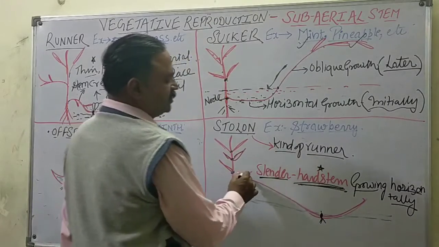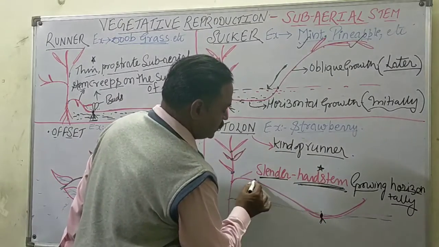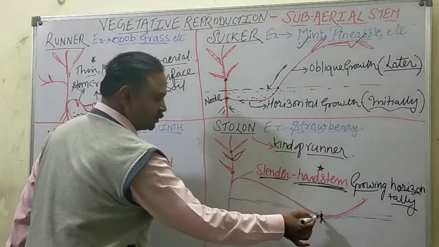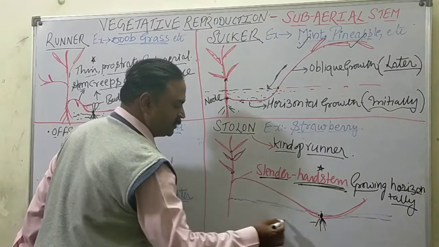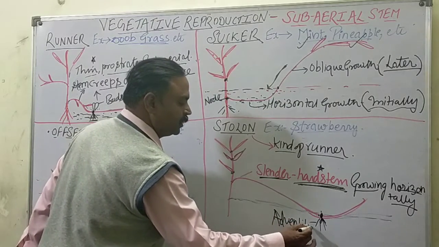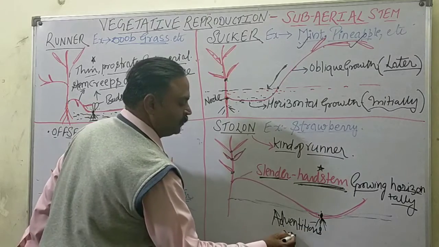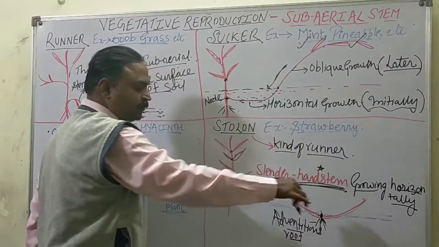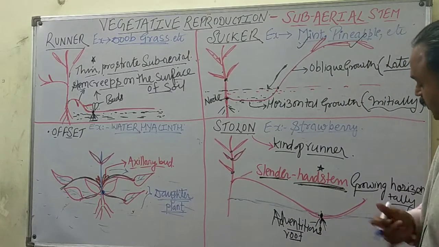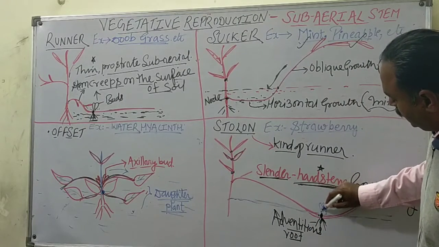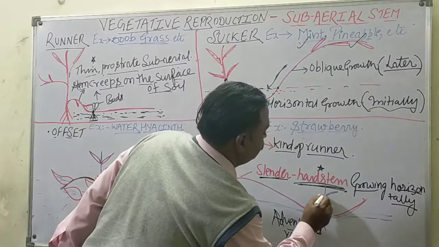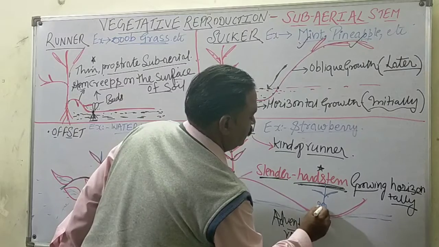The same thing happens here. When this slender and hard stem touches the soil surface, the nodes strike adventitious roots, children, from the lower surface, and the upper surface produces buds, and these buds give rise to new plants.